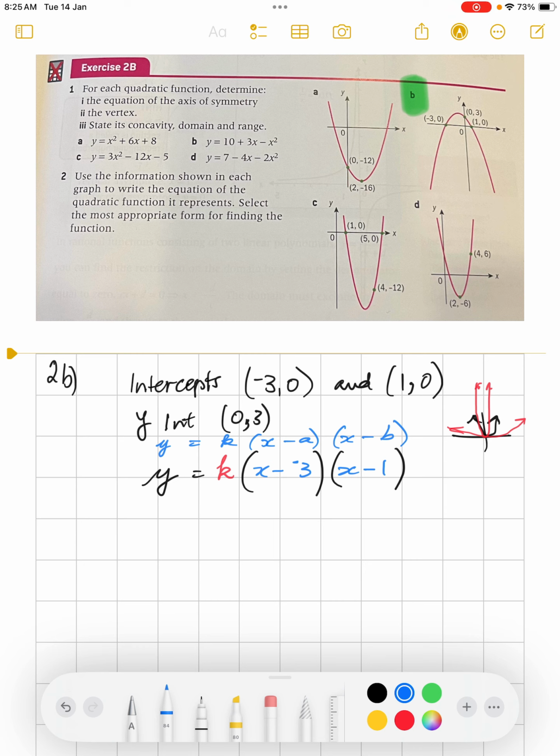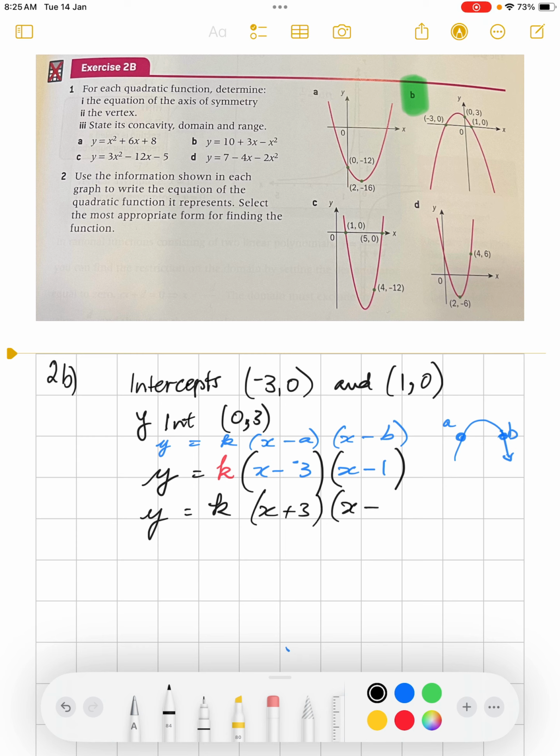So we've got this situation where it's crossing at A, it's crossing at B, and let's have a look at this graph here. y equals k, x plus 3, x minus 1.